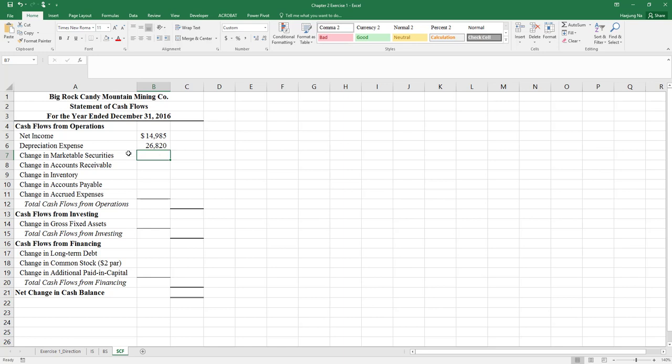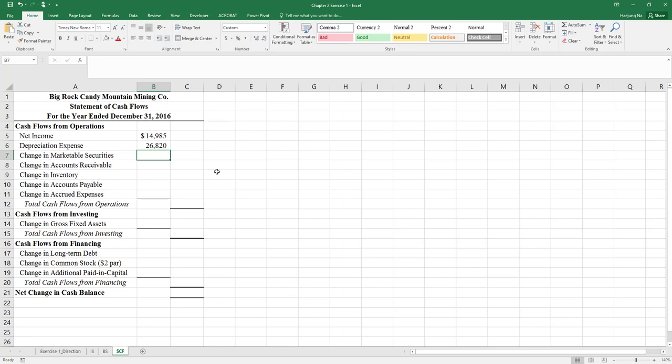From now on, from change in marketable securities to change in accrued expenses, they are all balance sheet items, and you have to pay keen attention to this part as we move along and try to figure out whether they have a proportional or inverse relationship with the cash flow.